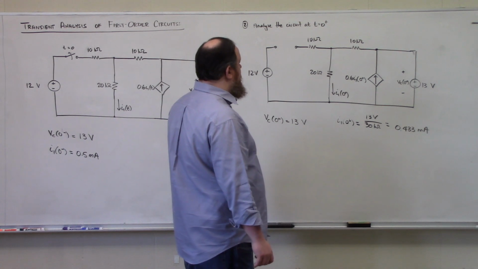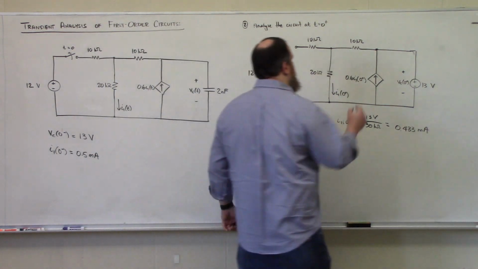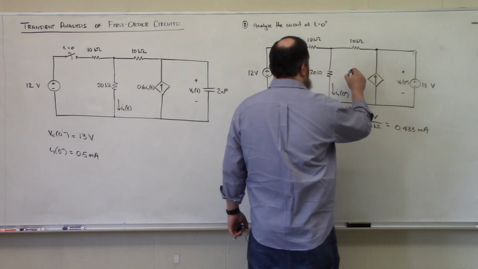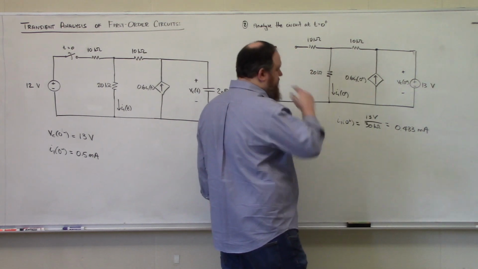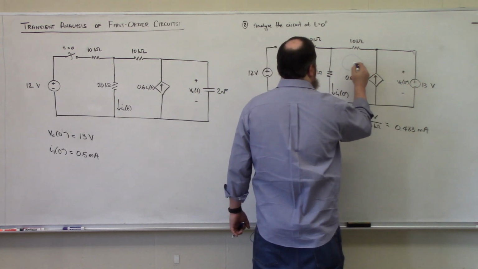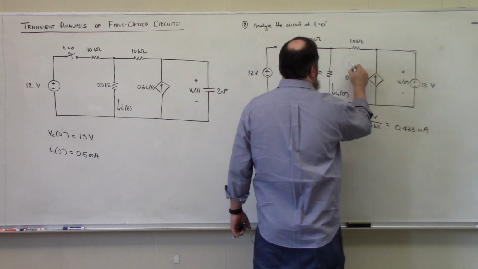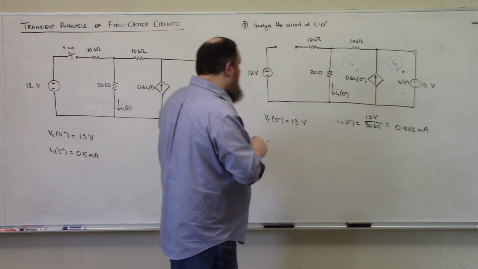So let me define my mesh currents. This will be my mesh current, let's call it IA. This will be my mesh current IB.